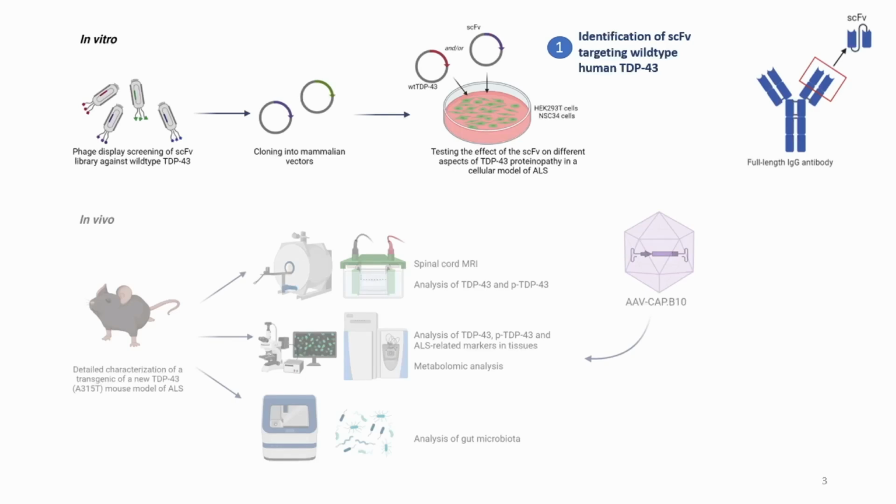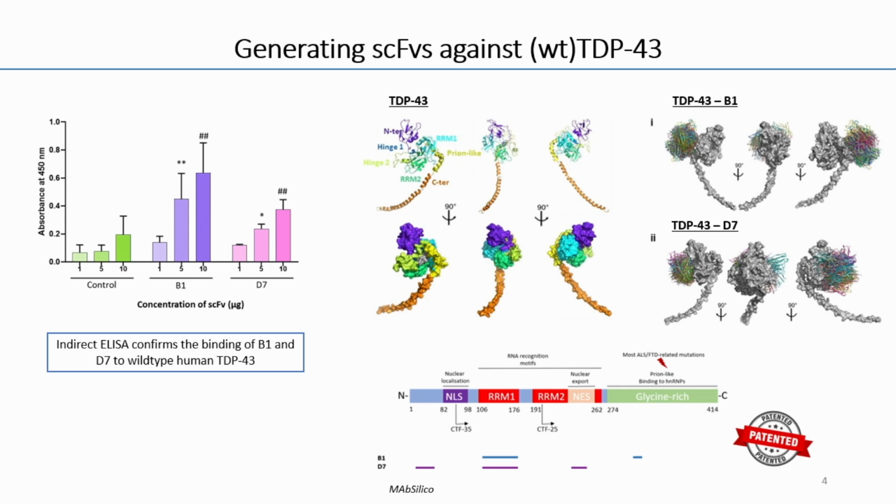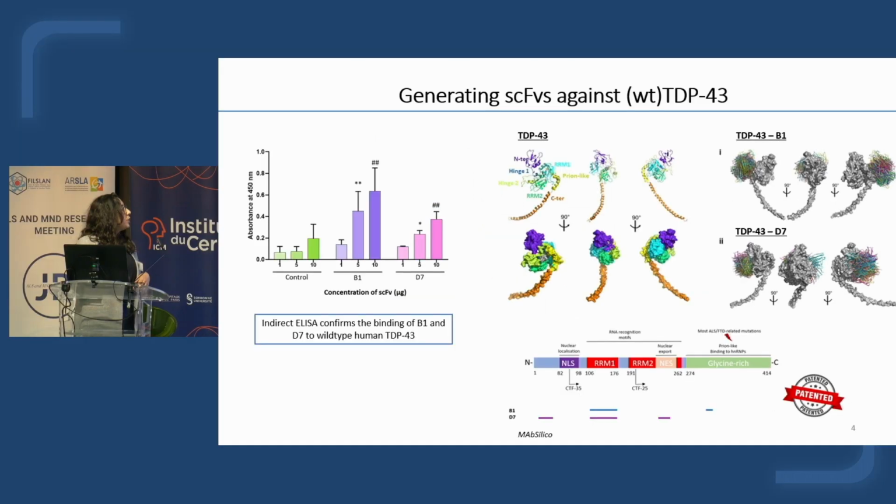So just to start with some data that we've collected from the first branch. Using phage display technology, we screened the scFvs for TDP43, through which we found two scFvs, which we named B1 and D7. Through an indirect ELISA assay, we were able to confirm the binding of these two scFvs to wild-type human TDP43, and in the control group, we found no evidence of binding.